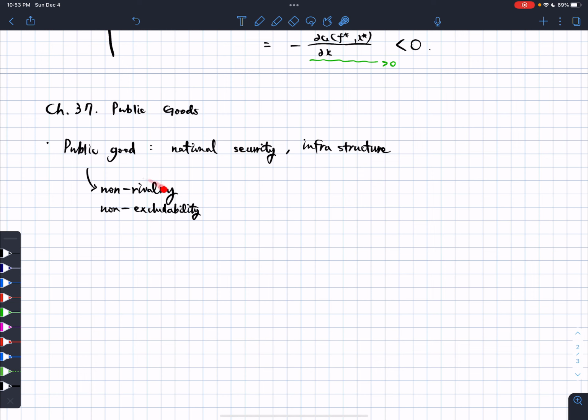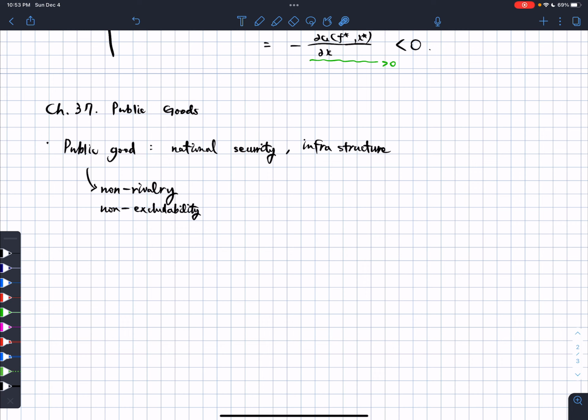Now the question is, if there is a public good, what kind of incentives will individuals have? Will individuals have enough incentive to contribute to the public good?